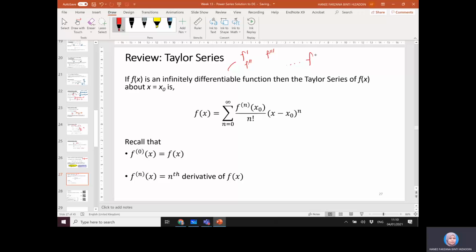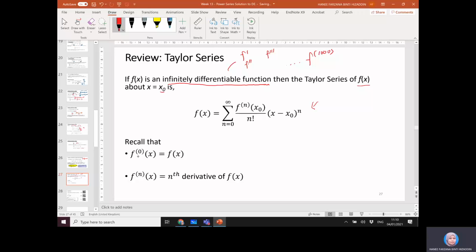You can even get the 1000th derivative of the function. So if f of x is an infinitely differentiable function, then the Taylor series of f of x about x equals x naught is this. Okay, so this is the Taylor series of f of x, given that f of x is infinitely differentiable and you have to know the value of x naught.